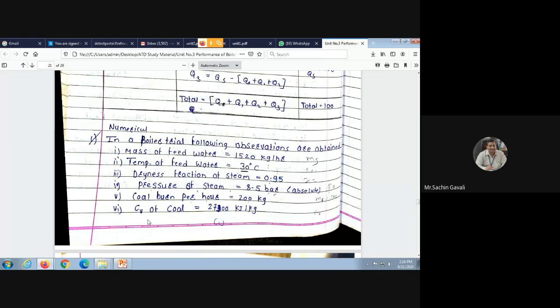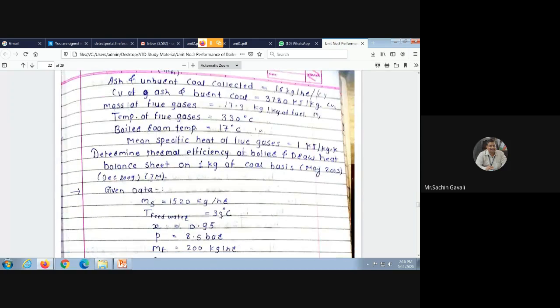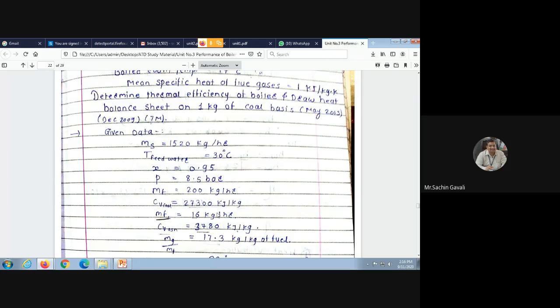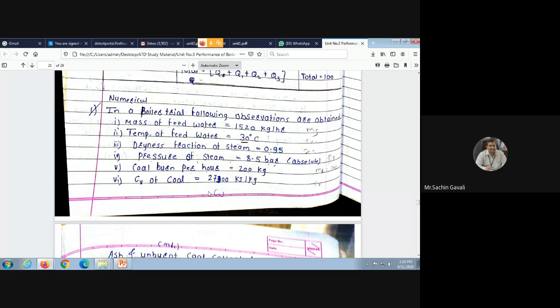Okay. Then CV of coal, calorific value of coal, 27,300 kilojoule per kg.